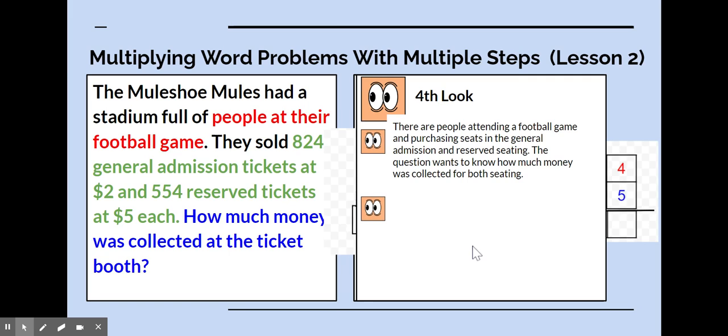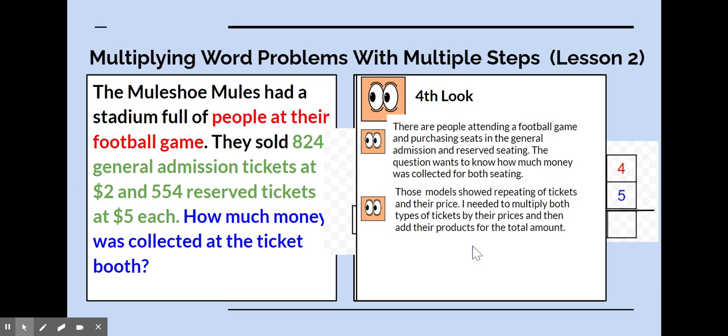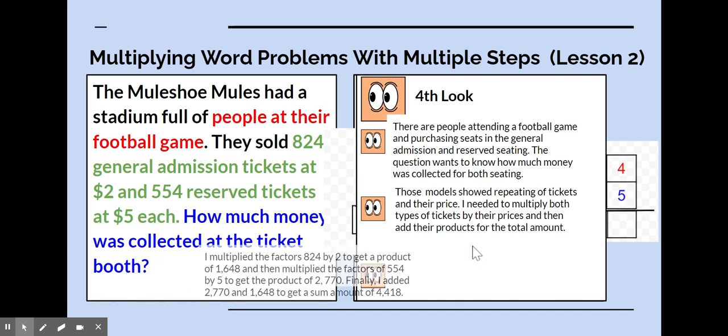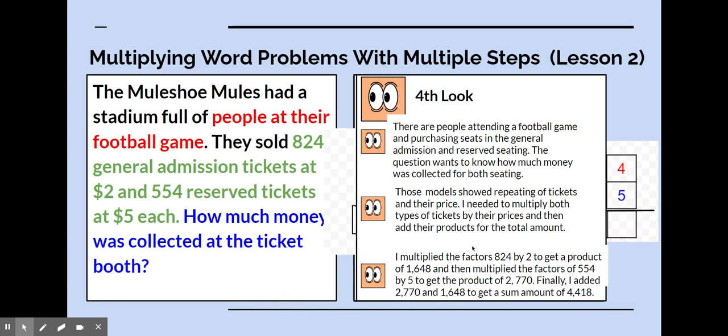In our second look, we drew 2 separate models. Those models showed repeating of tickets and their price. I needed to multiply both types of tickets by their prices and then add their products for the total amount. Our third look, I multiplied the factors 824 by 2 to get a product of 1,648 and then multiplied the factors of 554 by 5 to get the product of 2,770.